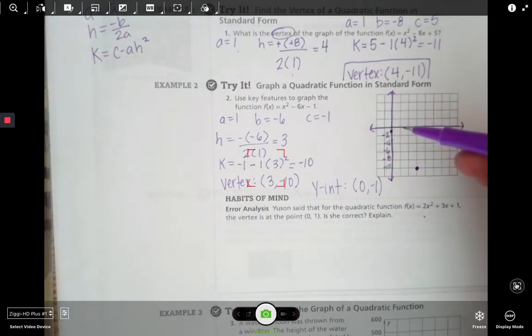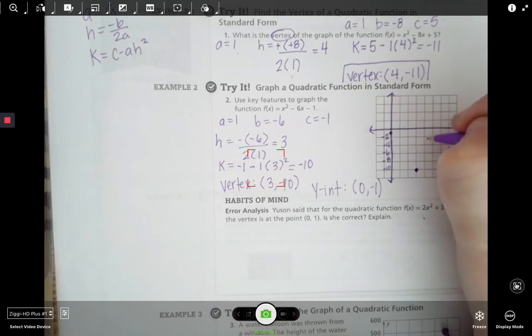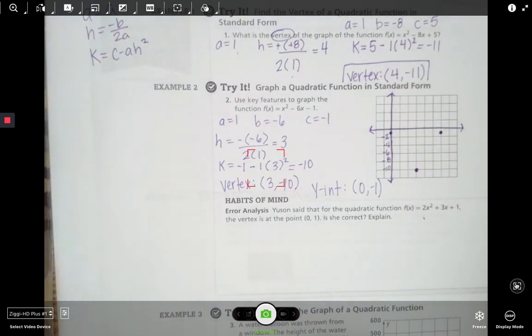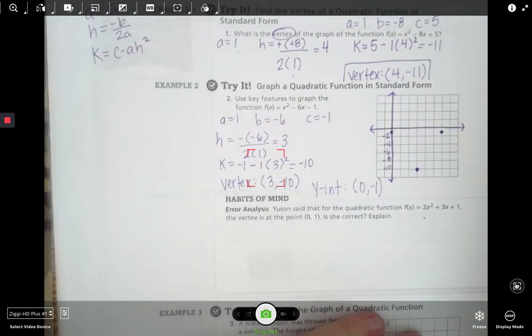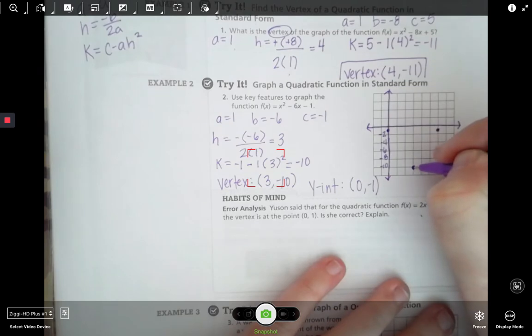So this y-intercept, do you see how it is at 0, but my vertex is at 3, right? And always on the parabola, what you have on one side, you have on the other. So that means I'm also going to have a point, because this one's at 0, negative 1, I'm going to also have a point at 6, negative 1. Because what we have on one side, we have to have on the other. So my parabola is something like this.